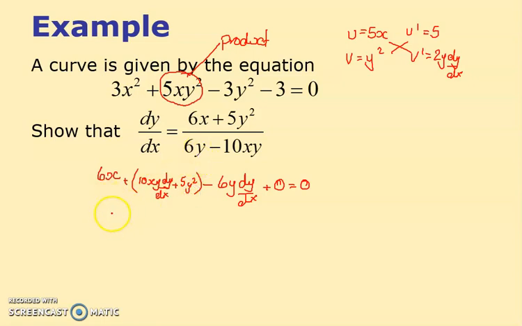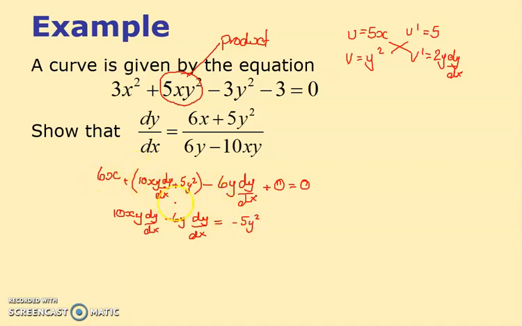Again, tidy up the dy by dx's: 10xy dy by dx minus 6y dy by dx equals, now I've got this minus 5y squared, plus 5y squared will move over and give me minus 5y squared.